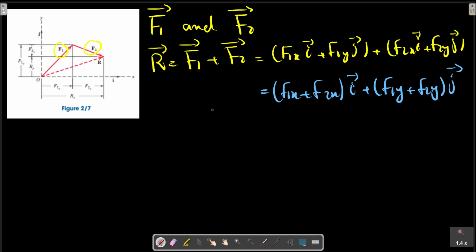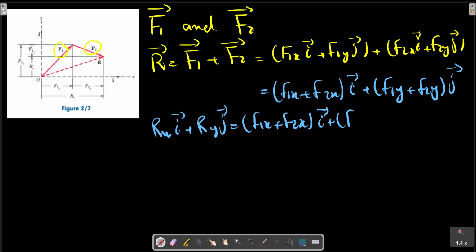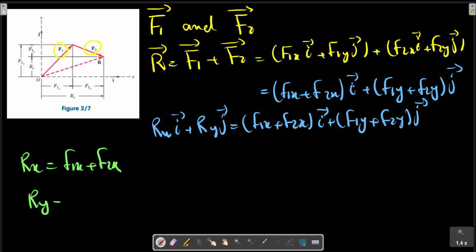The resultant Rx, R. So as a result we can write Rx equals F1x plus F2x, Ry equals F1y plus F2y.